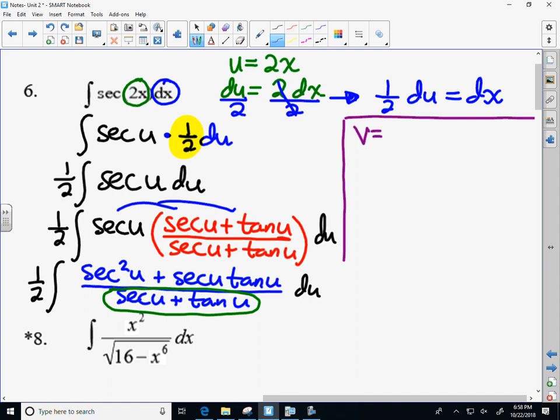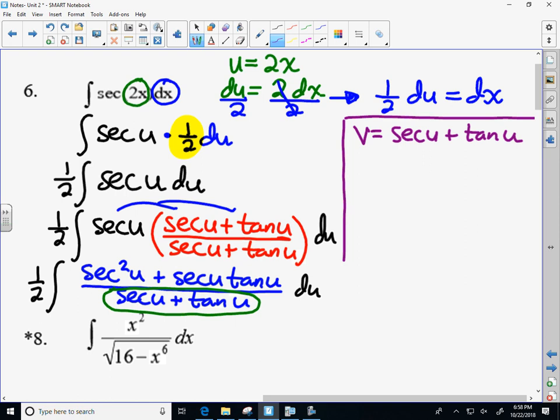If you have to do U-substitution twice, you don't want to use u 2 separate times. It'll get confusing. So you could either use subscripts, or you could just work with the next letter in the alphabet. So I think v comes after u. Hopefully it does. Otherwise I've been living a lie. So secant u plus tangent u I'm going to let that be my v.